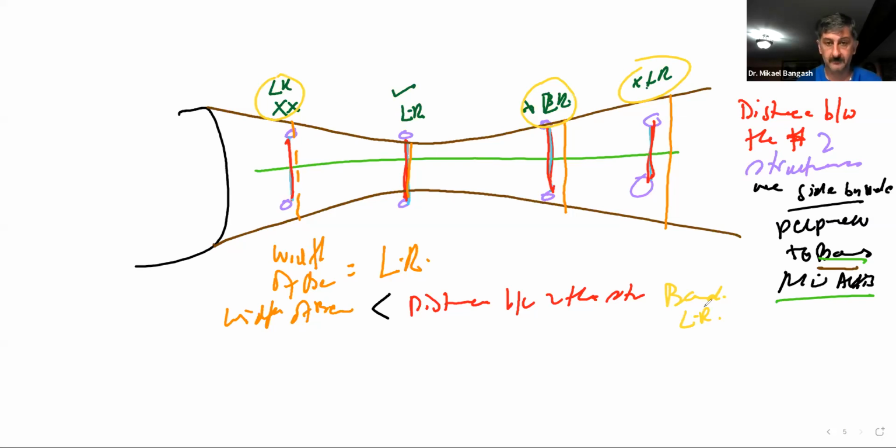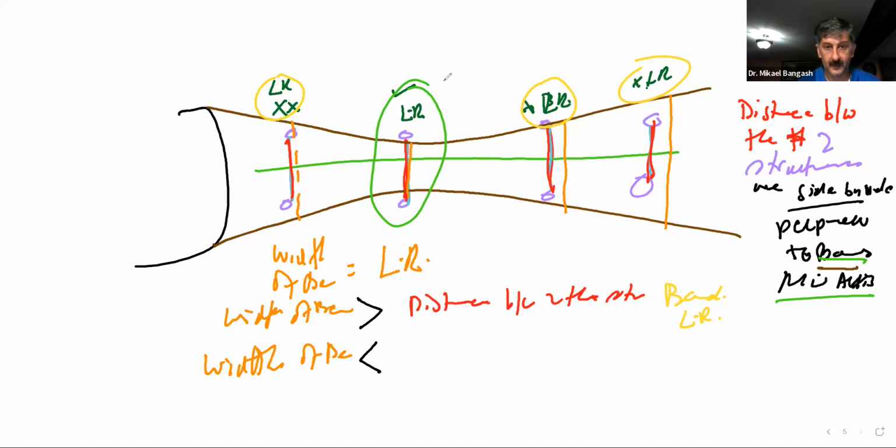Whereas it was the opposite as we had here, where the width of the beam is going to be lesser than the distance between your two structures.